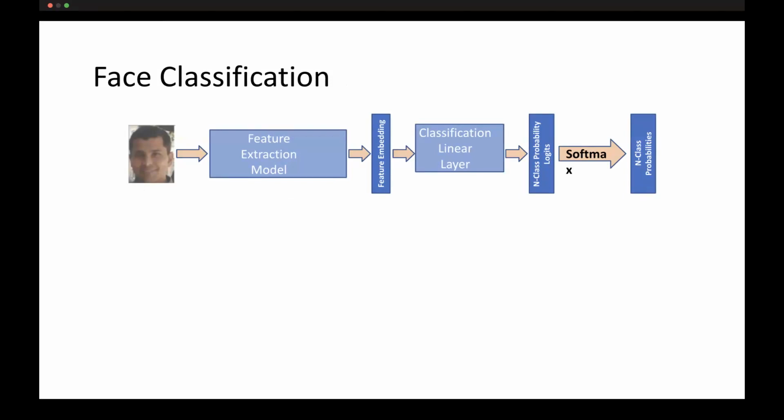Those features, just for the sake of understanding, could be your facial features, the shape of your eyes, the shape of your nose, etc. Then those embeddings that come out of the convolutions, we put them in a linear layer, and that linear layer gives us the probability of every class in our initial training set.